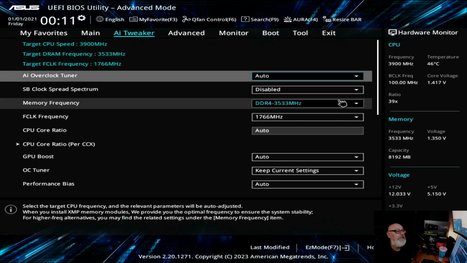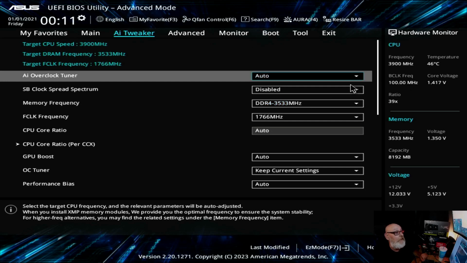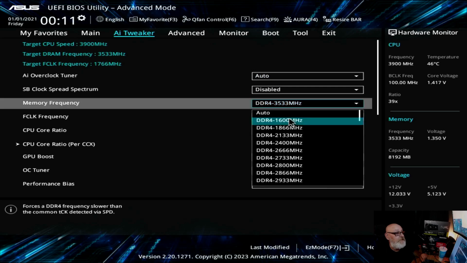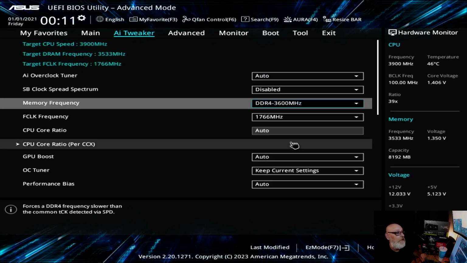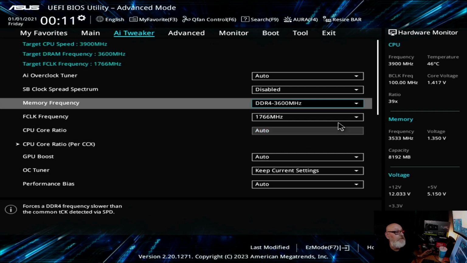Interesting. I know it's not going to show the total stableness, but what you're trying to do is get a parameter between 3200 megahertz and how far you can go upwards. Now, I'm going to take it to 36 and see if it'll hold at 36.